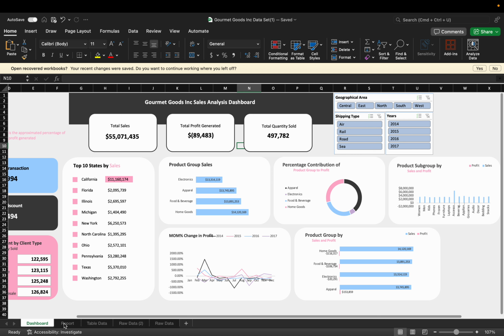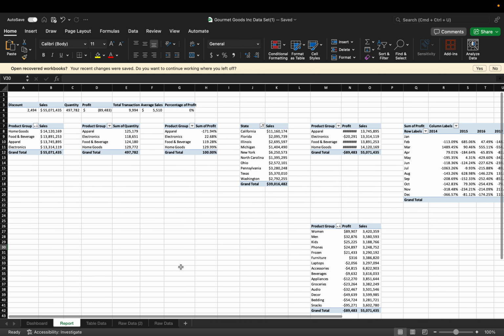All right, so this here is the report. Here was where I was able to generate all the values that I have in the dashboard. First, these are the top metrics in terms of total discount, sales, quantity, profit, and so on. And then there are different pivot tables.